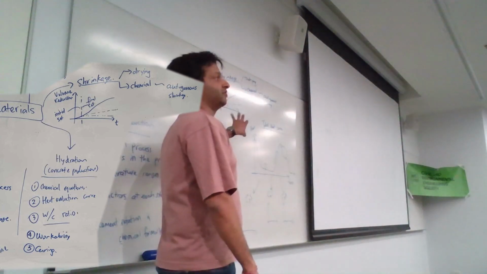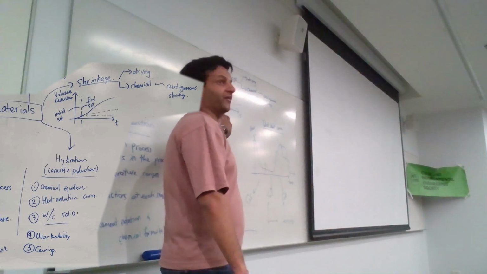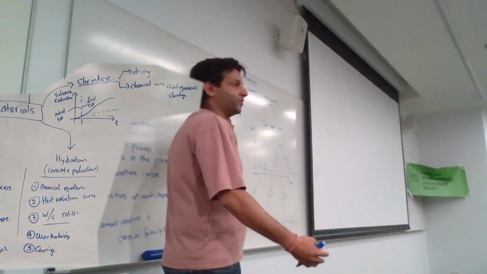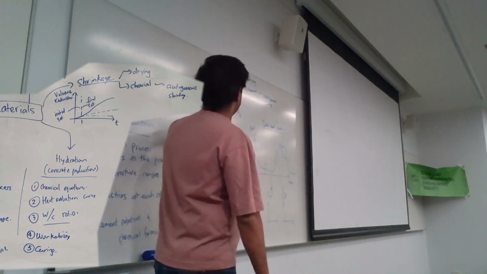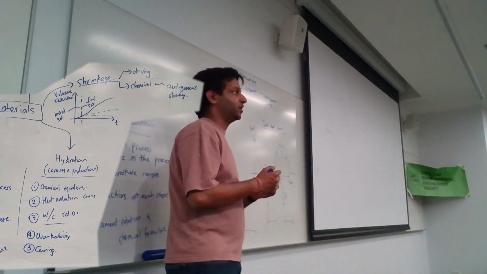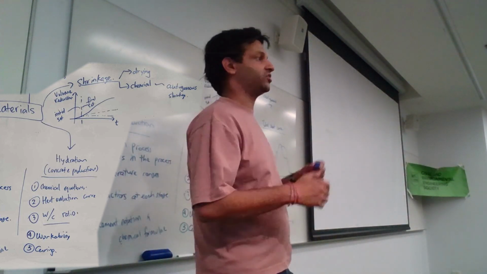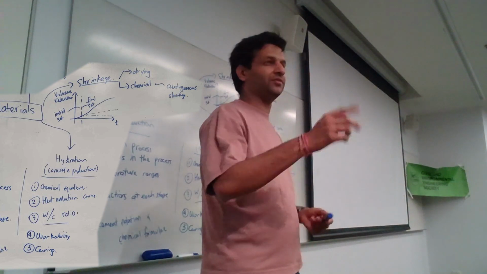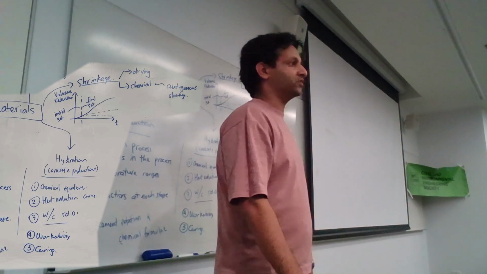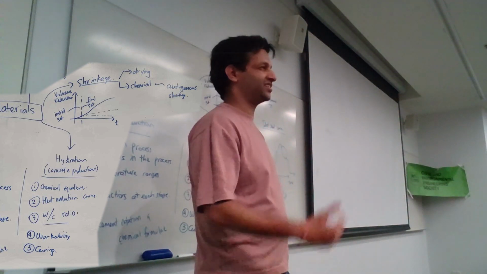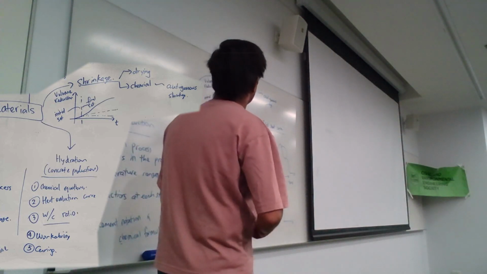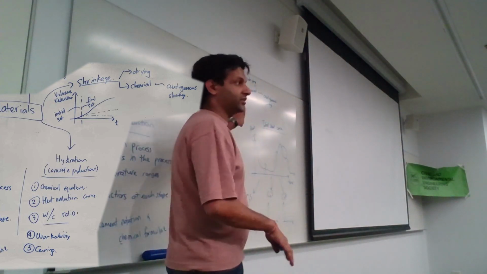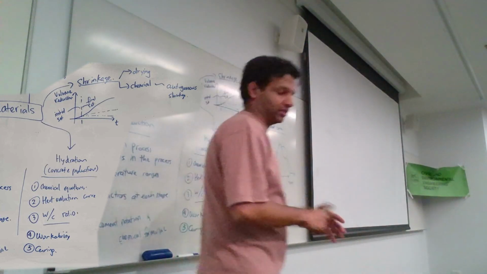This graph is really important to wrap your head around, because there are a lot of trick questions they can ask about it. Specifically, they'll ask about distinguishing between chemical shrinkage and autogenous shrinkage. In fact, you'll see some of this in your true or false questions as well, if that's still being asked. I'd say this is really important. Okay, I'll leave it there.